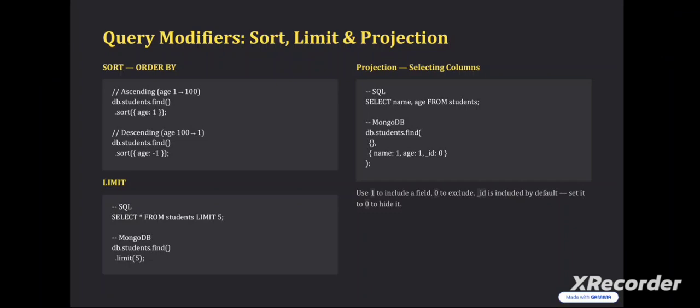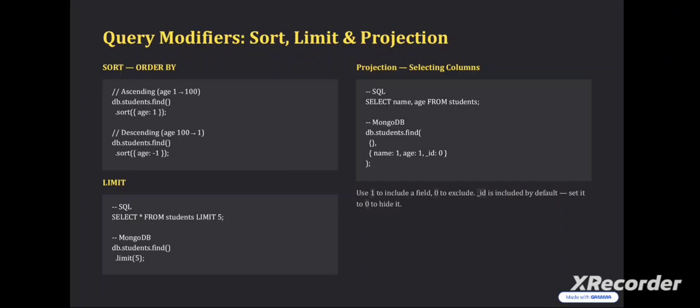So if you want to apply some projection, for example, instead of selecting all the fields, if you want to select only certain fields, then we have to provide the projection. So db.students.find, then empty curly braces, and then you have to provide the required fields. So here I'm going to select name and age, so I'm providing 1.